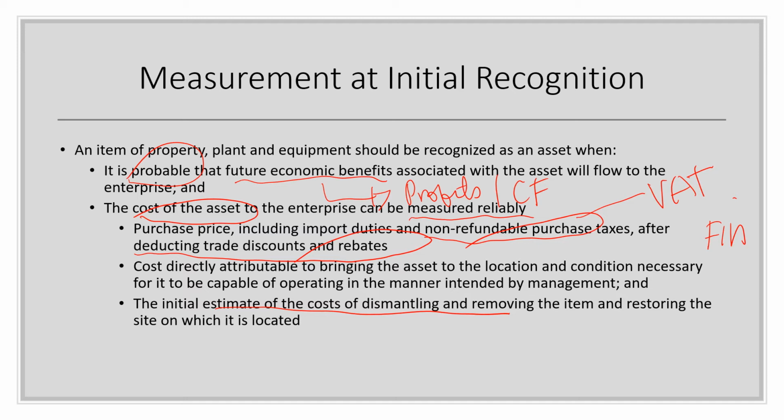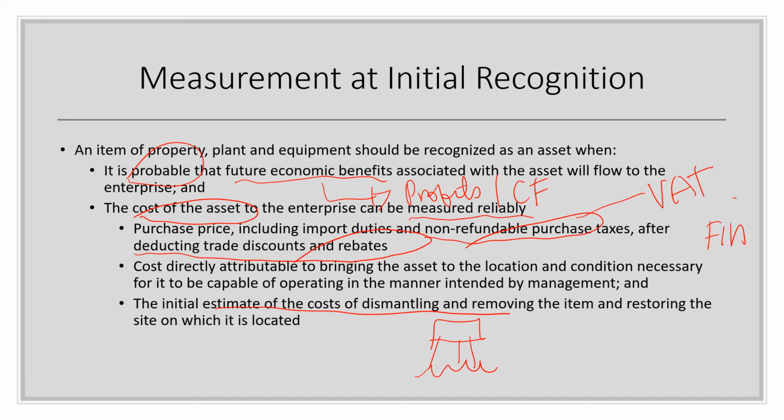What do you mean by dismantling cost? For example, you are in the oil refinery business, or you are extracting oil from the ocean. If you extract oil, you need to construct an oil platform in the ocean.